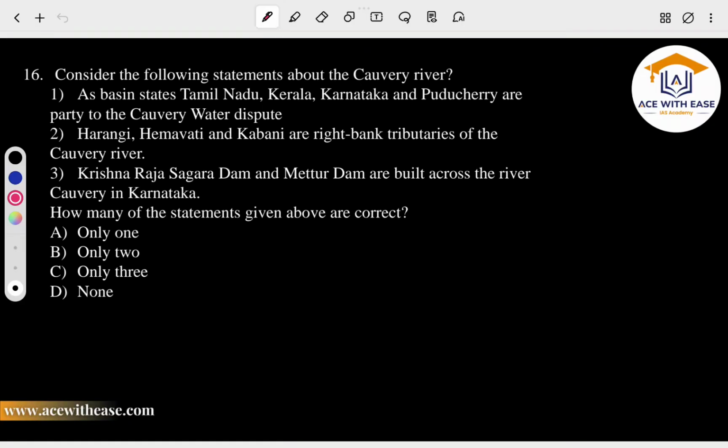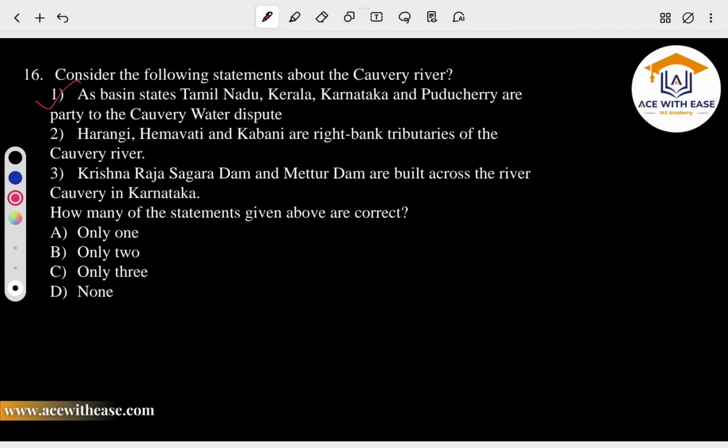Then the 16th question: which of the following statements are correct about the Kaveri river? First statement: the basin is in Tamil Nadu, Kerala, Karnataka and Puducherry, which are part of the Kaveri water dispute. Yes, all four regions are under the Kaveri water dispute, so the first statement is correct.